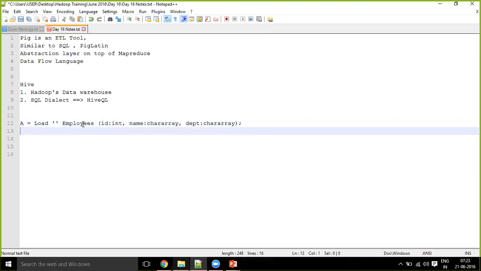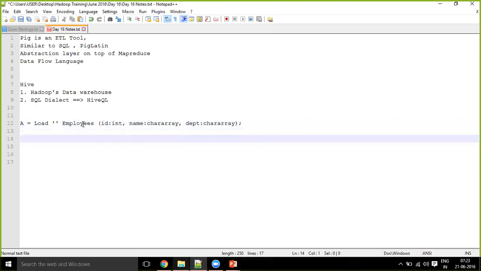So once I load it, I want to group the people by department and get the counts of them, and sort them by descending order, and I need the top 10 departments who are having more number of employees.